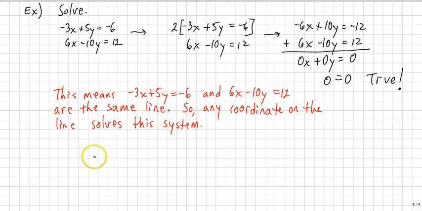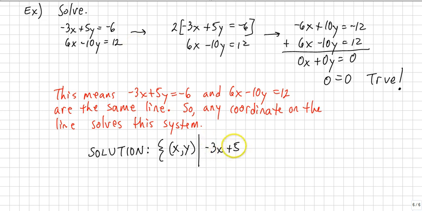So we're going to write our solution, and it's going to look a little weird because we didn't write either of the other solutions this way, but the other examples we did either had no solution or they just had one coordinate that solved it. In this case, it's any coordinate on one of these lines that solves it. So we're going to write it as a set. It'll be the set of all coordinates x, y, such that, pick either equation, I'm just going to pick the first equation, no surprise there, such that negative 3x plus 5y equals negative 6.